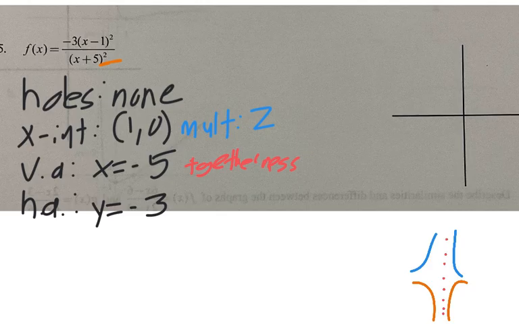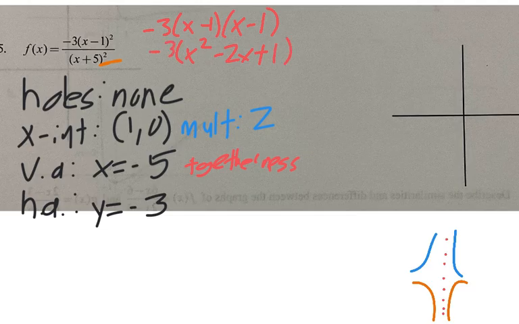If you're struggling with doing it when it's in factored form like this, then you're going to need to distribute it. So this is x minus 1 times x minus 1. That would be x squared minus 2x plus 1 times -3.